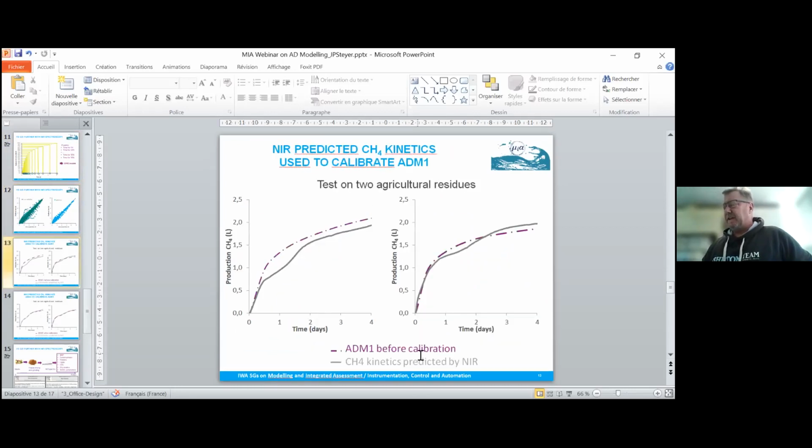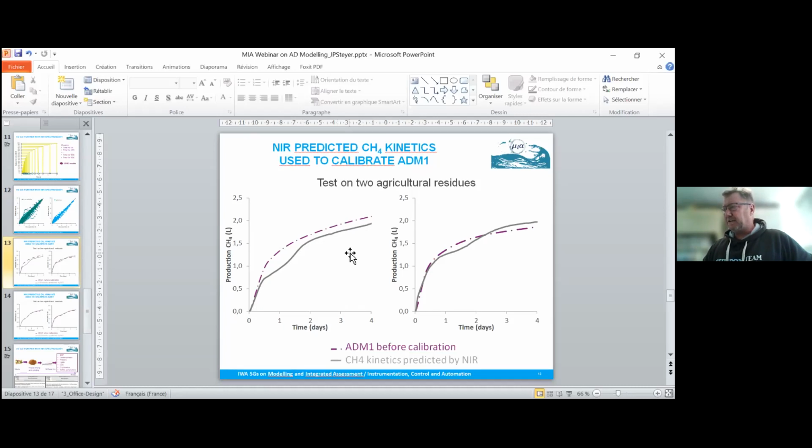And we use this value to calibrate the ADM1 parameters, to feed the prediction of the values predicted by near infrared. Here in gray you have the curve predicted by the near infrared. In purple, you have the ADM1 with standard parameters without any calibration.